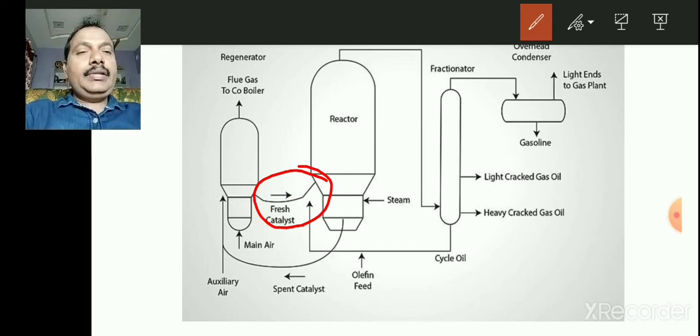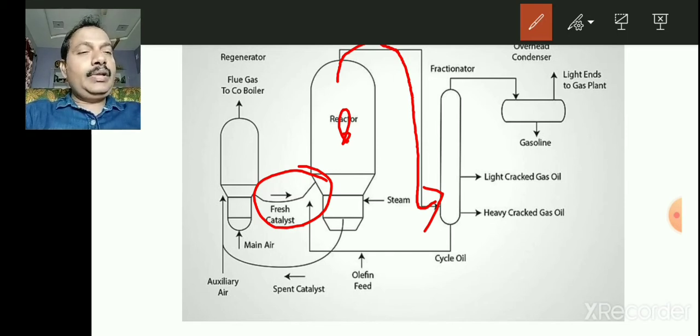The reaction takes place at different temperature and pressure conditions, and after that the fluid is passed into the fractionator. This fractionator is the fractional distillation column, in which the three products are available like this.